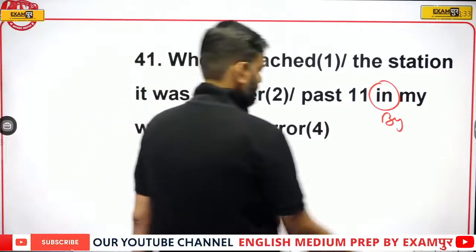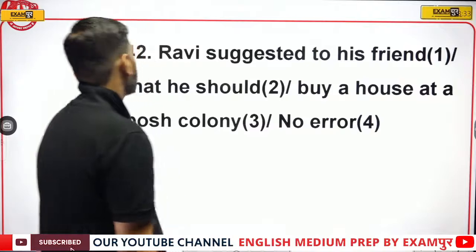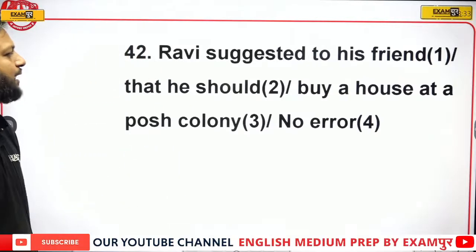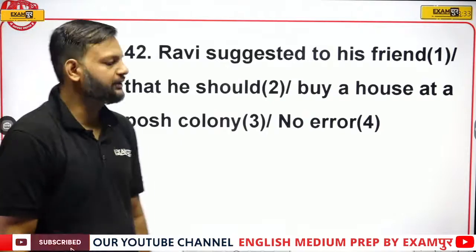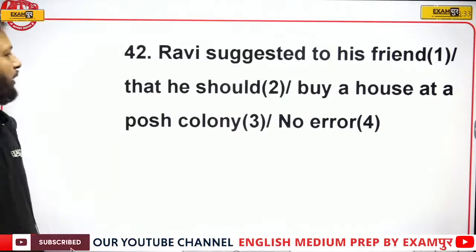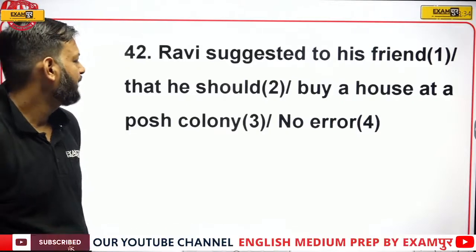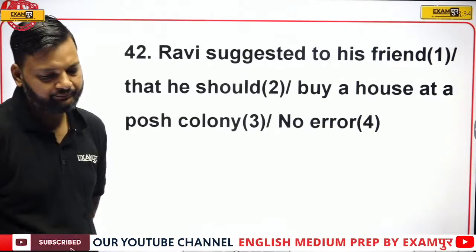Now the next one, question number 42. Ravi suggested to his friend that he should buy a house at a posh colony.